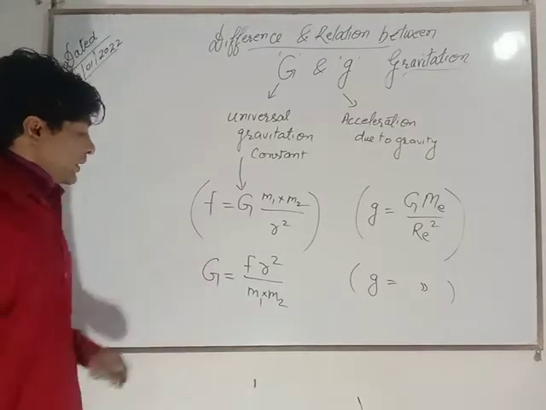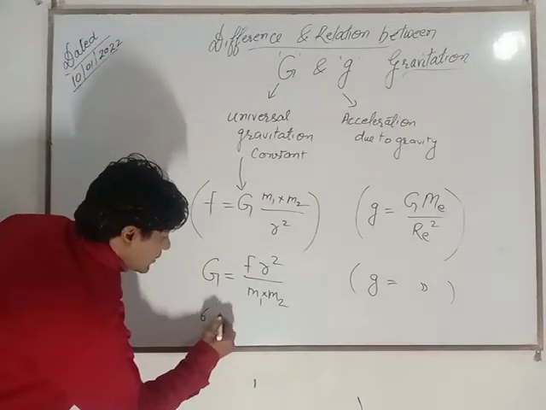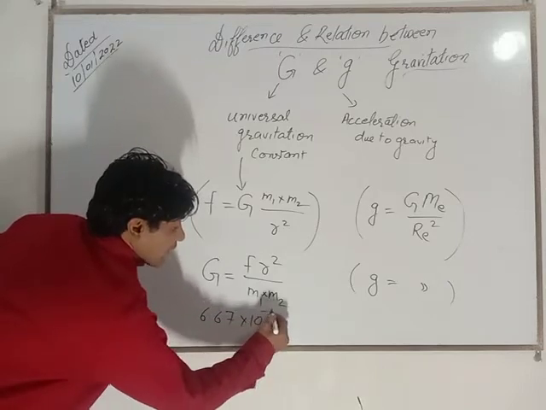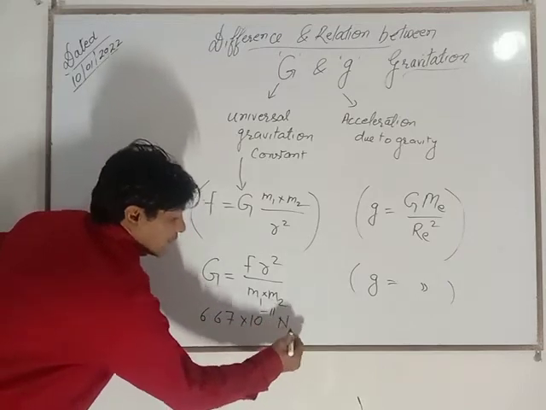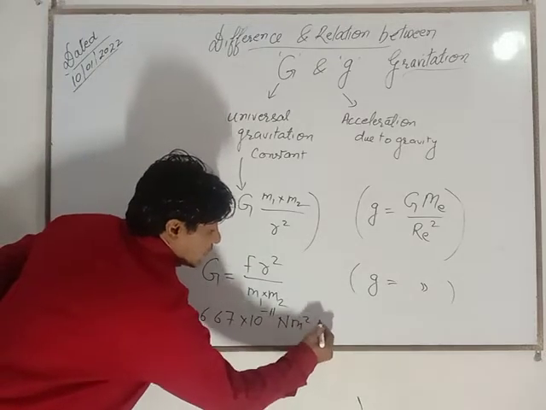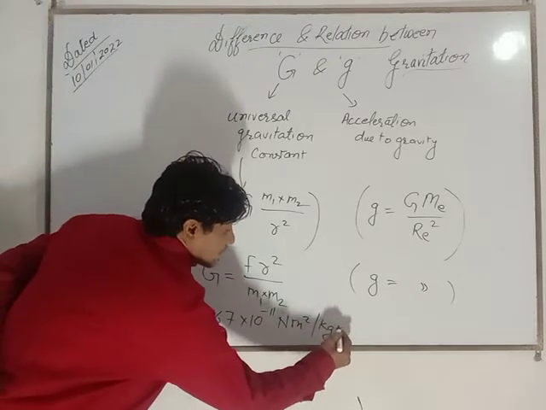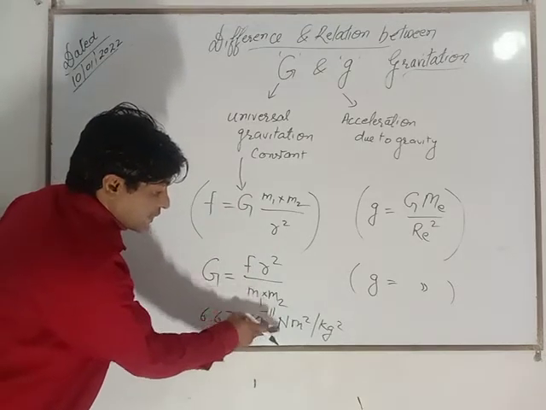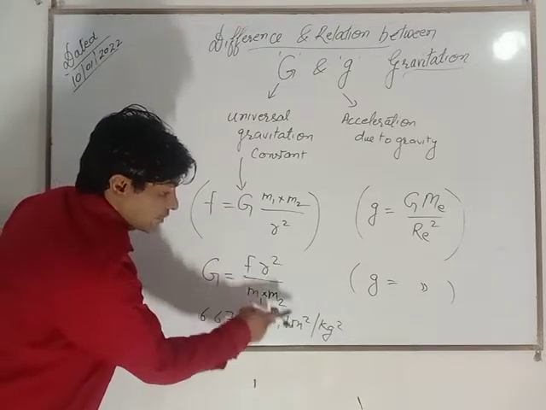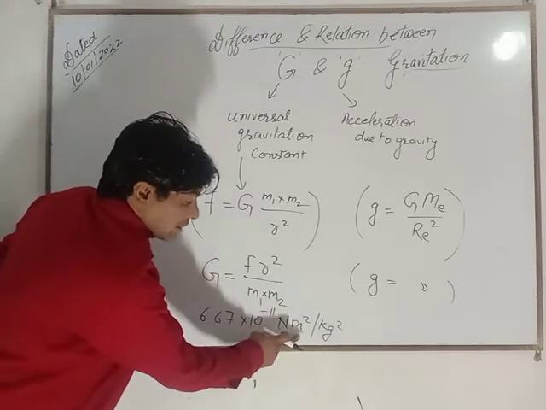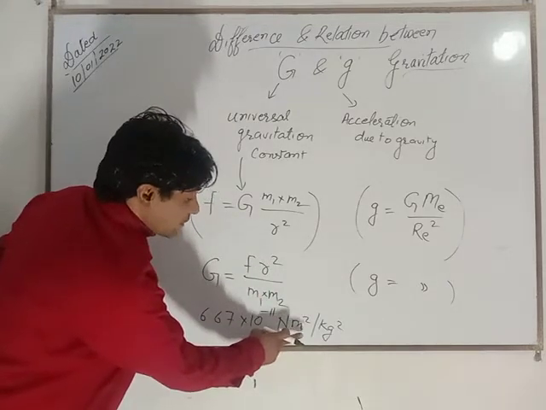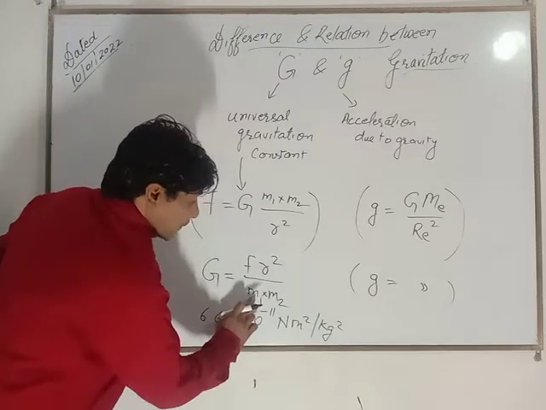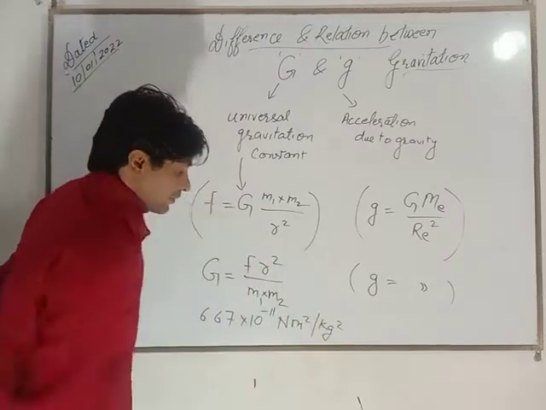Here the G value is calculated as 6.67 into 10 to the power minus 11 Newton meter square per kg square. You are clearly seeing that force is in Newton, distance is measured in meters in the SI system, so meter square divided by kg square.